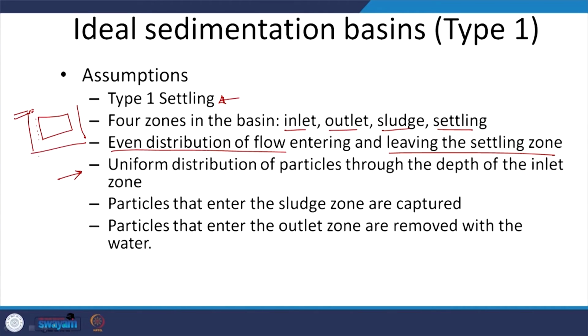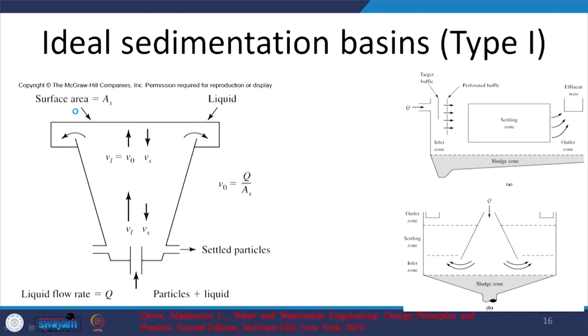Particles that enter the sludge zone are captured and are not scoured back up. Particles that enter the outlet zone are always removed. If a particle is deemed to have entered the outlet zone, we assume that it is leaving the system.